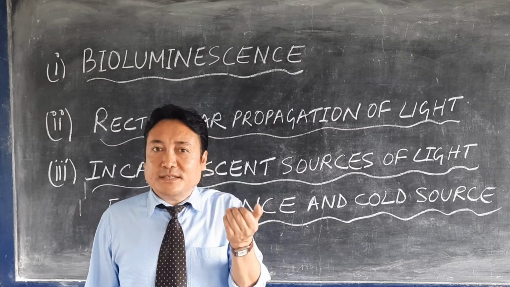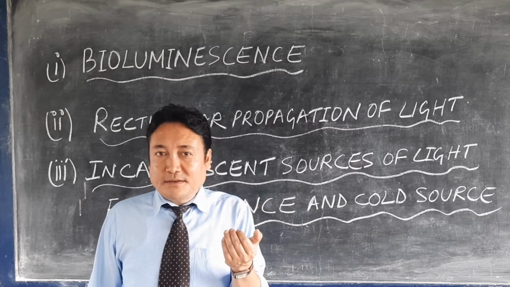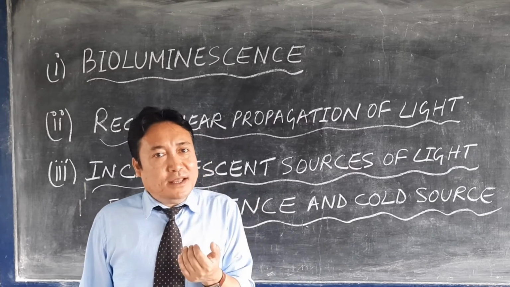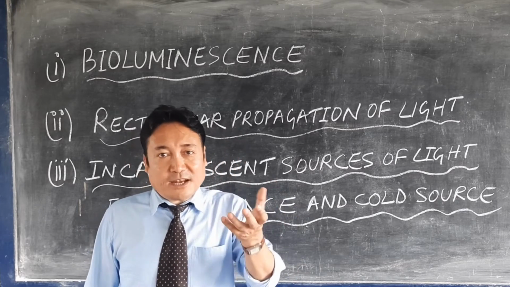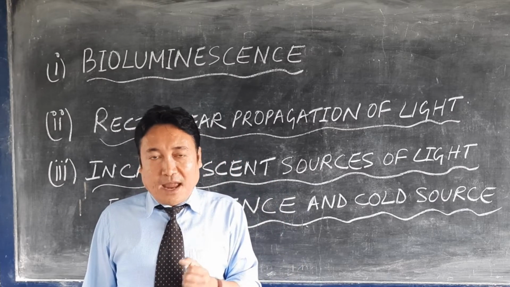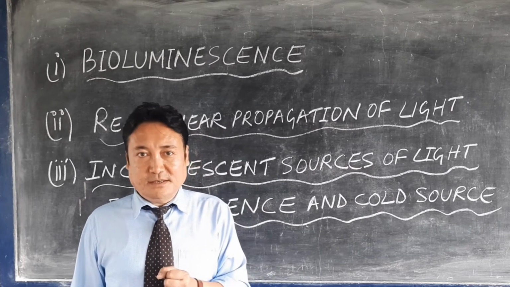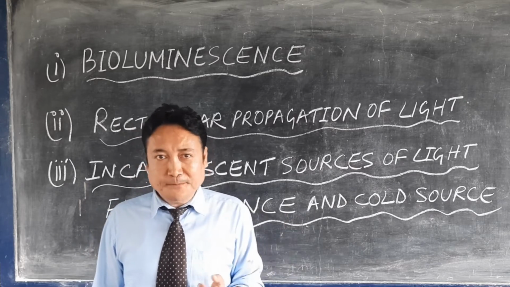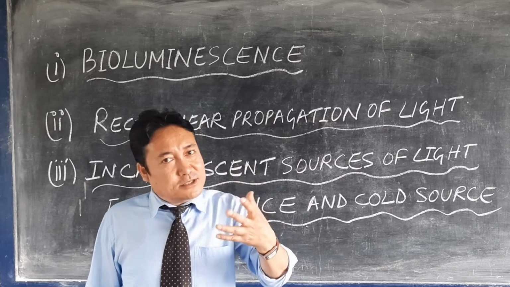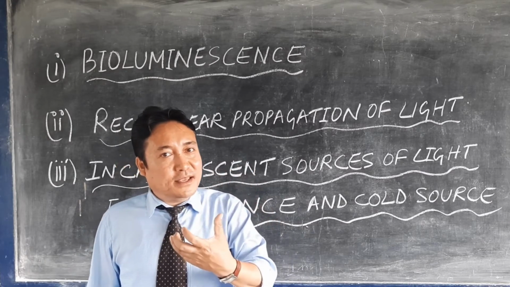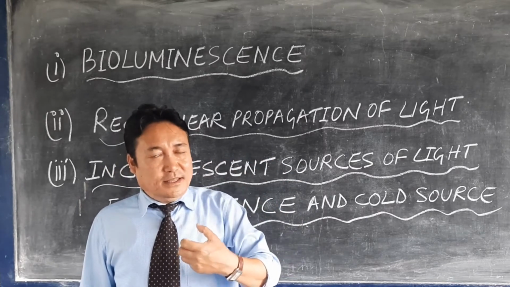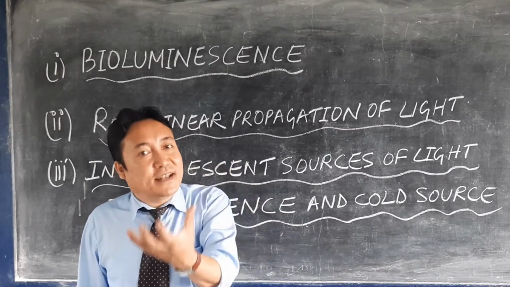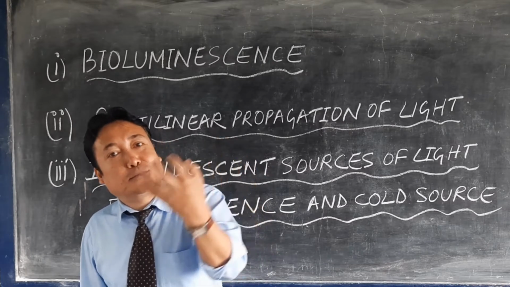When they emit light from the body, it becomes very helpful for these organisms to attract their prey and their mates. Prey means the food. When these organisms emit light, the prey gets attracted because of the light and comes very close to them.